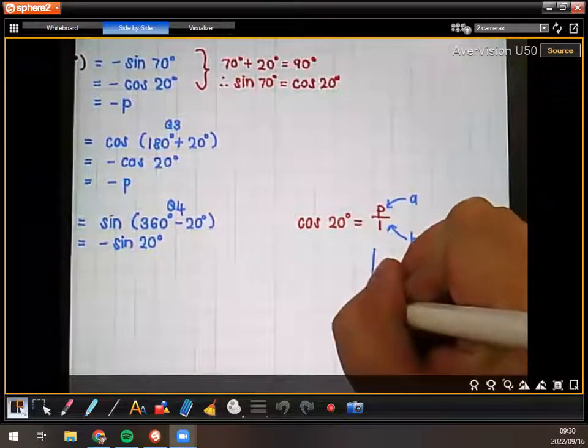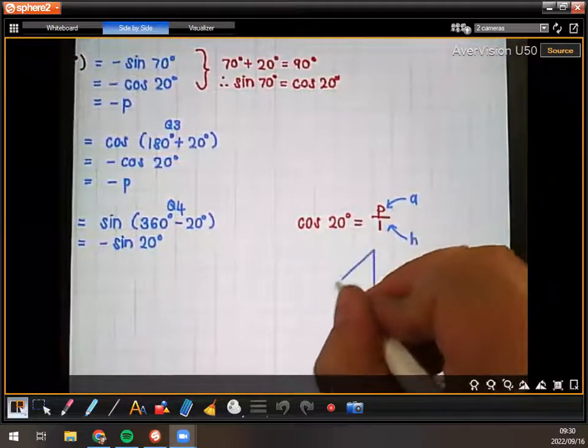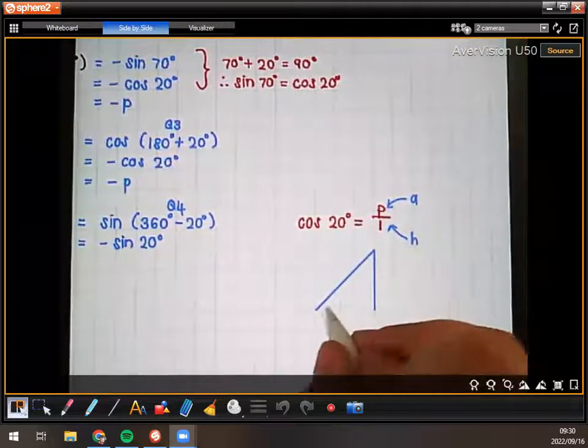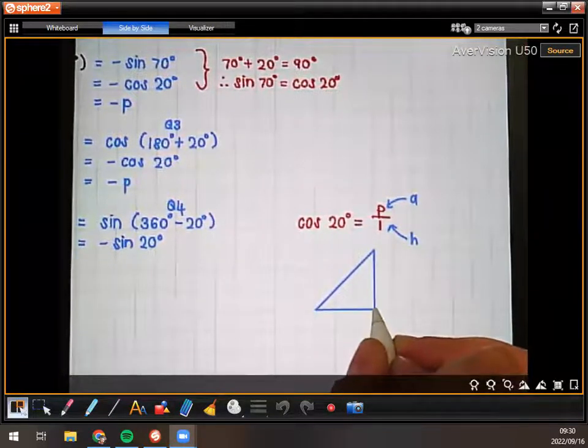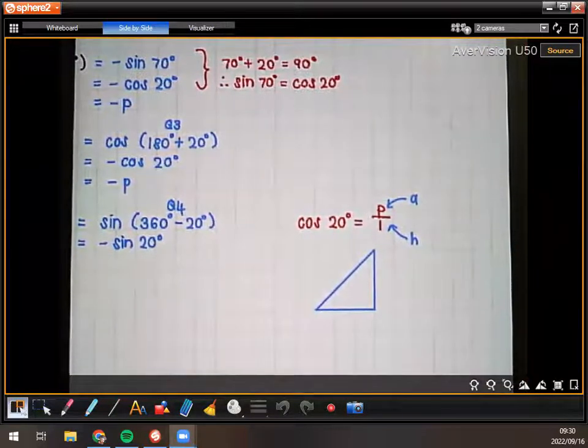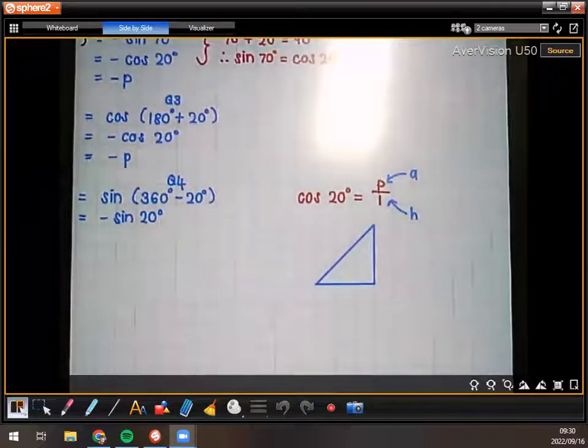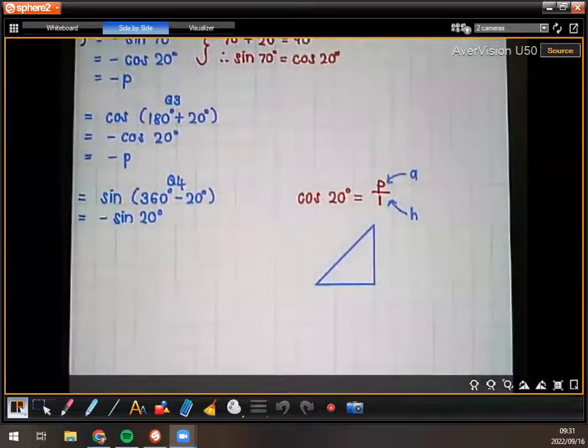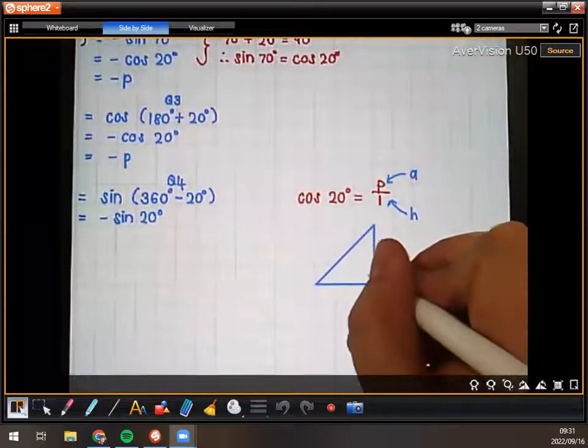Now, as for this 20 degrees, you can just draw it like this, just like a special triangle in a sense. You don't actually have to put it in a quadrant, but if you want to put it in a quadrant, that's fine. Which quadrant would it be in if it's 20 degrees? The first quadrant. Okay, so you can draw it in the first quadrant if you want to, but you don't have to do that for these ones.